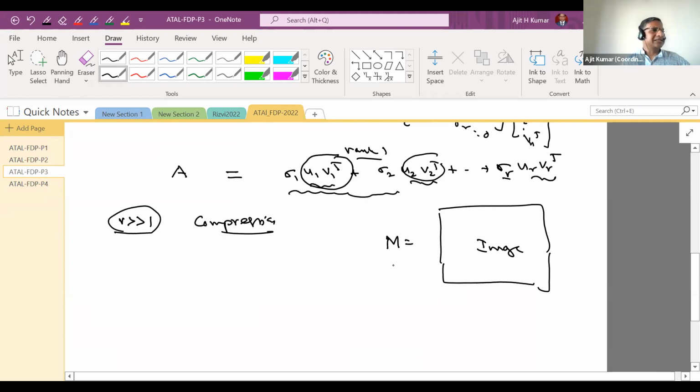So I can read this as a matrix, and then I can write the singular value decomposition of M. And then I can just take the first few terms, and that will give me most of the information about the image. So instead of taking the entire matrix M, I can take only the first few terms, which will tell me almost everything about the image. That means this approximate image is going to be very close to the actual image. So that's image compression.